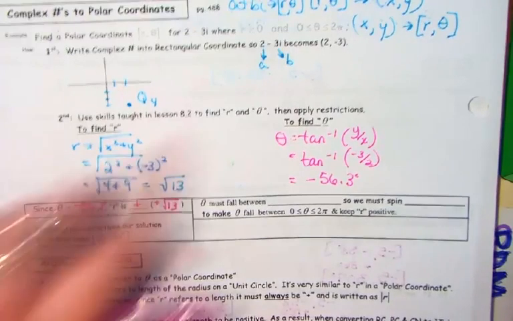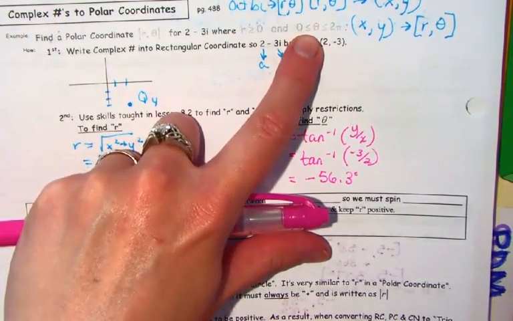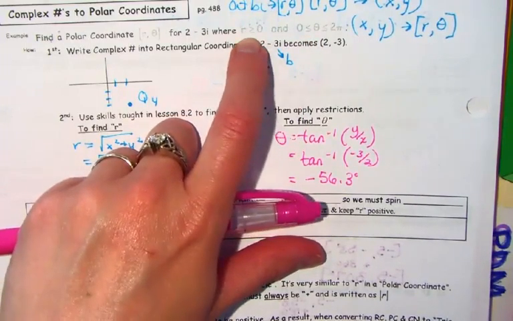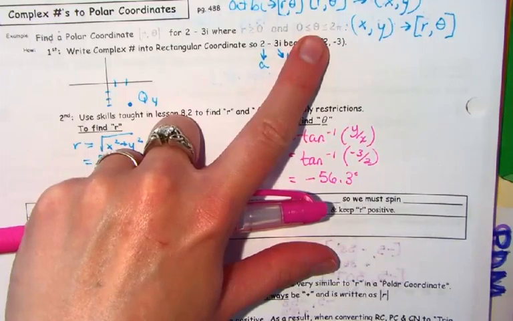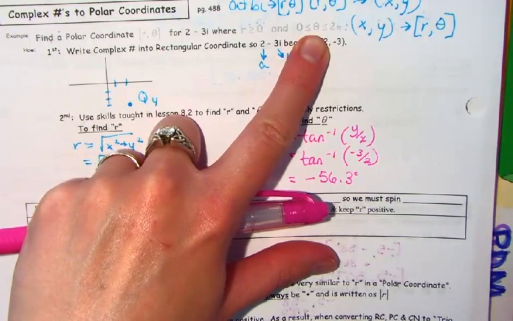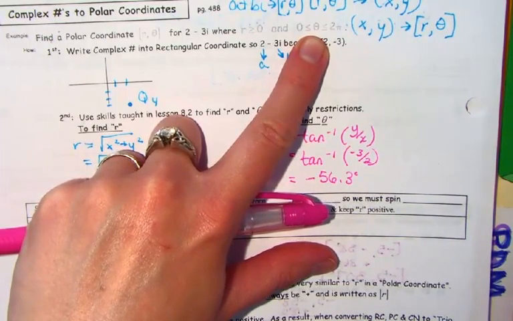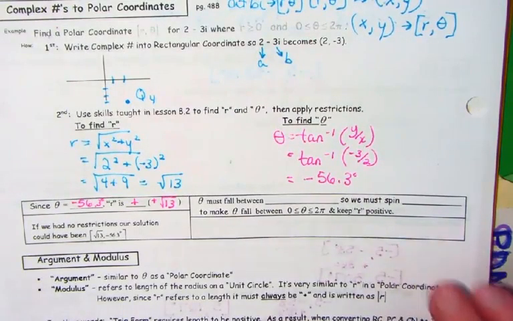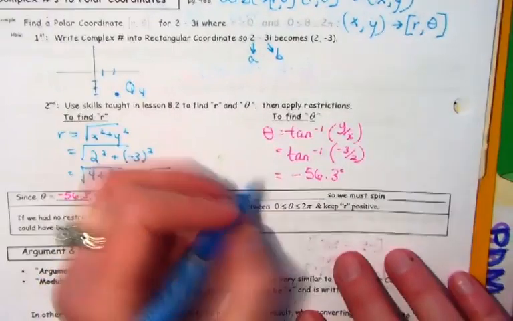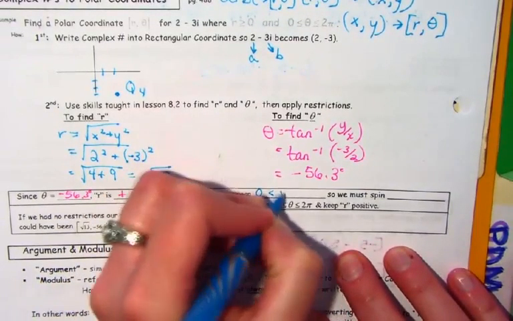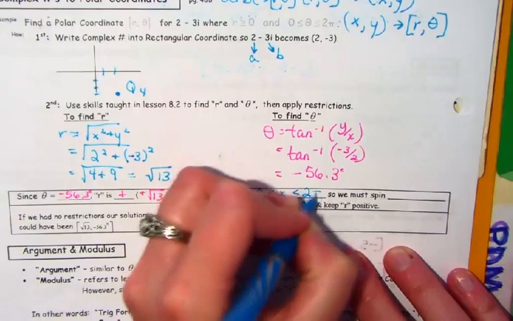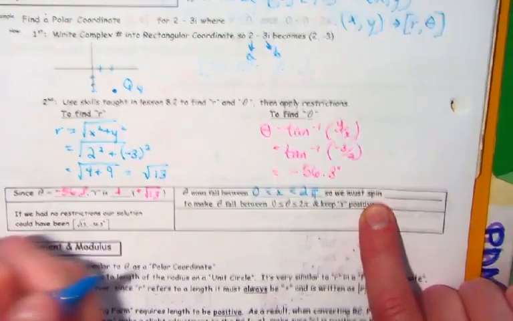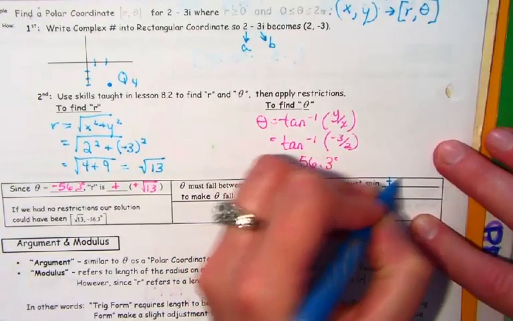But if we read very carefully what our restrictions were in the problem up here, it needs a positive radius and an angle that is, first of all, in radians and second of all, positive. So let's see how we're going to go about doing this. Since our angle has to be from 0 to 2 pi, we have to add a full circle.